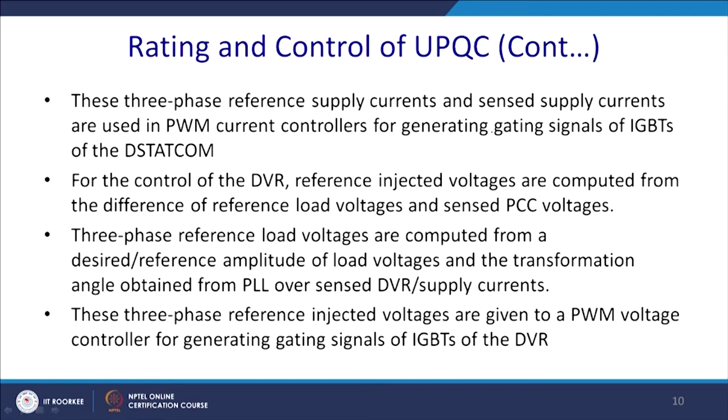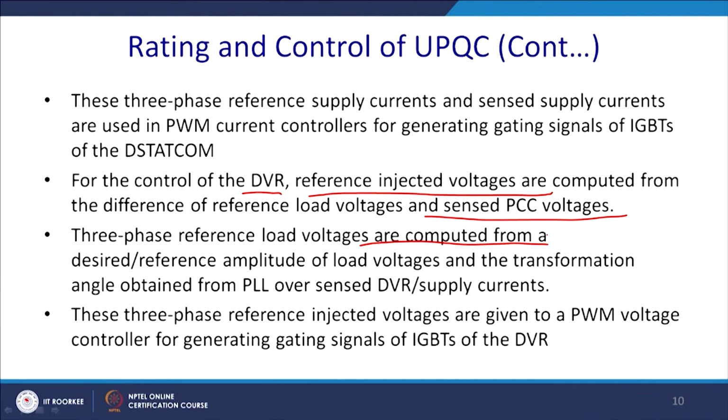Now, let us come to the DVR part of the UPQC. For the control of this DVR, the reference injected voltage is computed from the difference of the reference load voltage and the sensed PCC voltage. This is required to be compared.